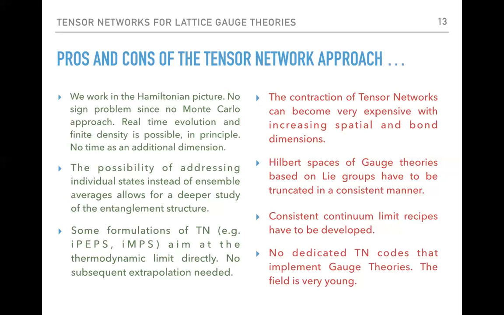But at the practical level, what people do is first they make sure that their results are converged in bond dimension, and then they take the continuum limit by taking, for example, one of the couplings of the Hamiltonian. They know that it's related to the lattice spacing, and so they make some extrapolation in this parameter. I don't know if I answered your question.